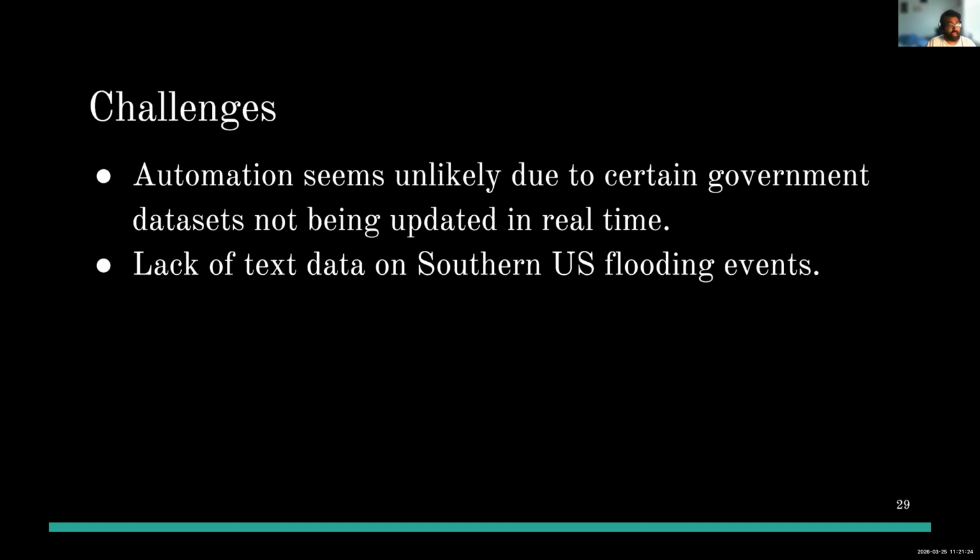Additionally, the lack of text data on southern US flooding events does not promote proper benchmarking when it comes to the news articles, which is why I've been trying to improve that section.